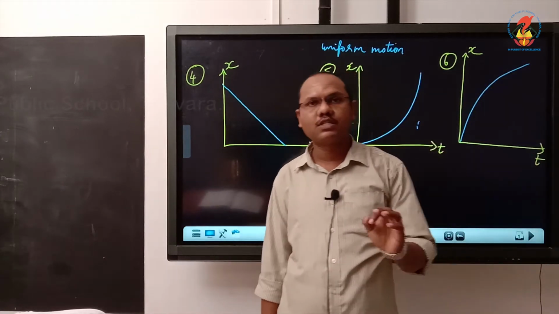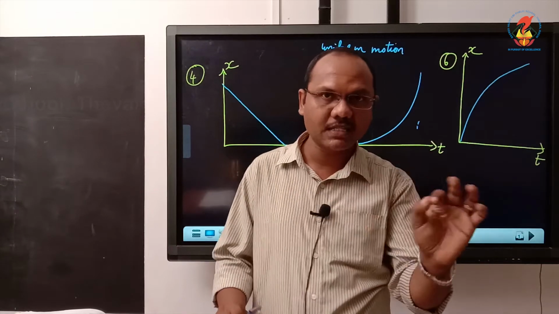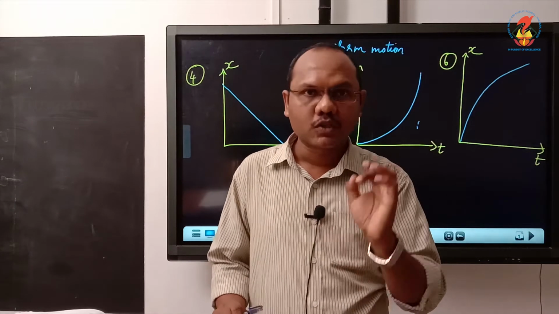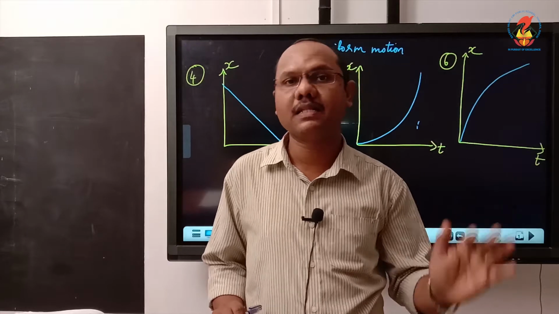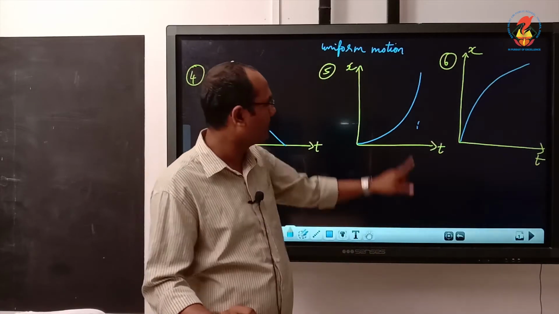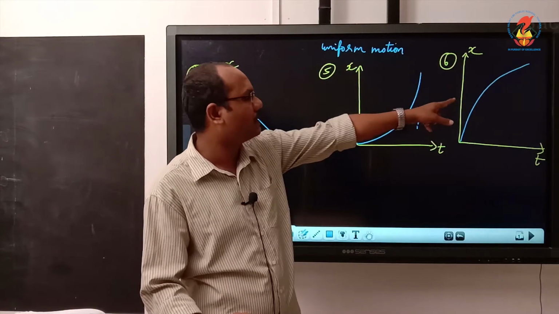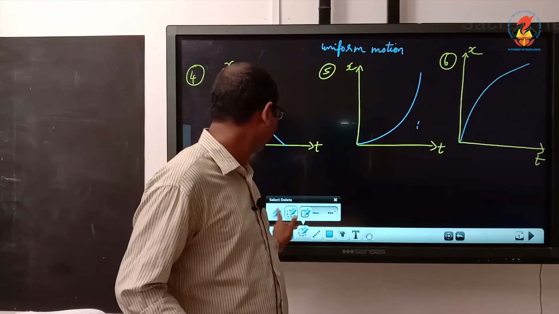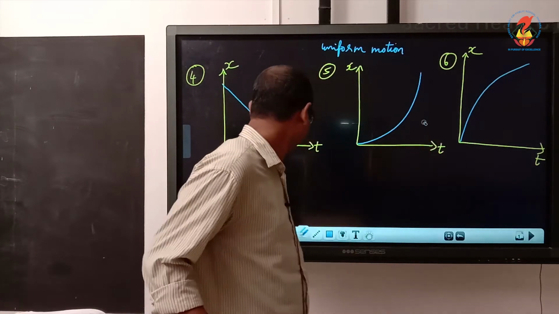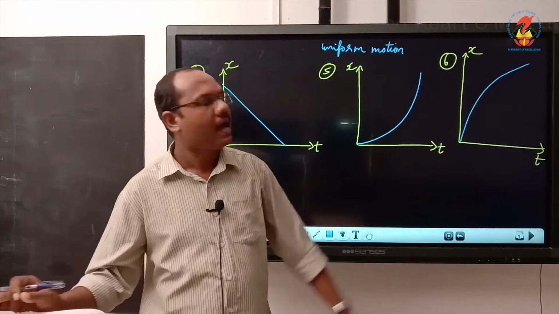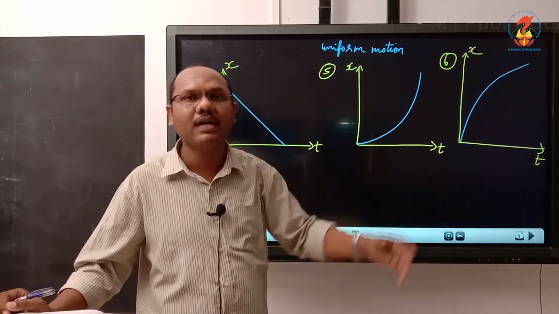That means the slope of the graph is decreasing, write that. So the body is decelerating. Okay, so the previous one is accelerated motion. This graph tells the decelerated motion. And there also the body is moving away from the origin.